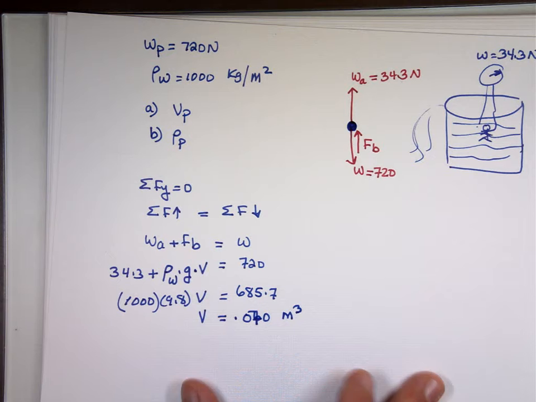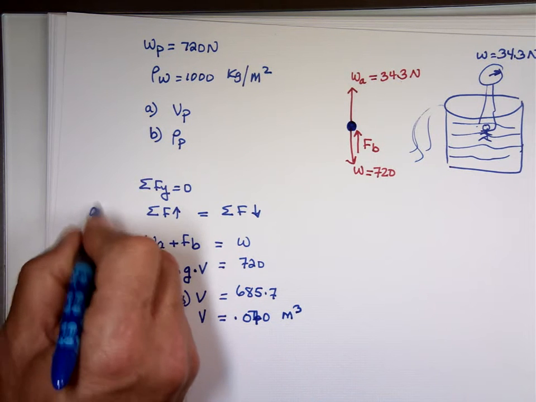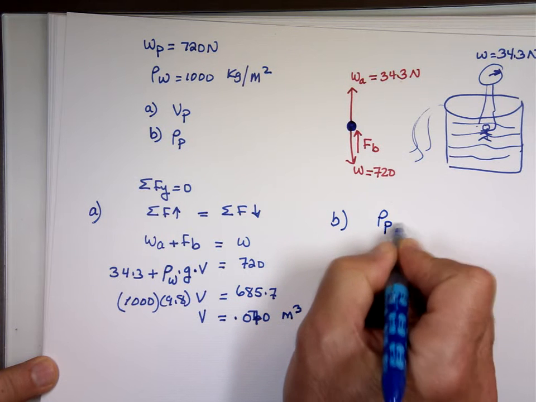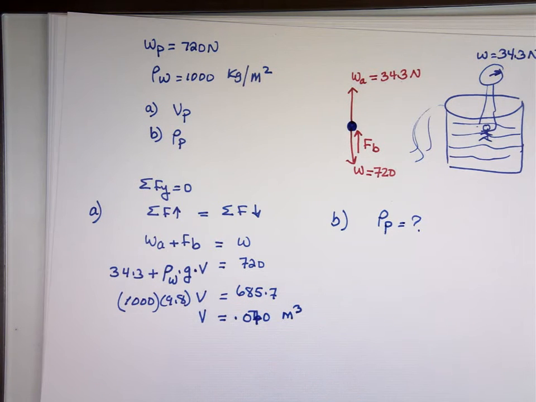Now this is question A. Question B says, what is rho of the person? What's your density? Well, we know density is mass over the volume.